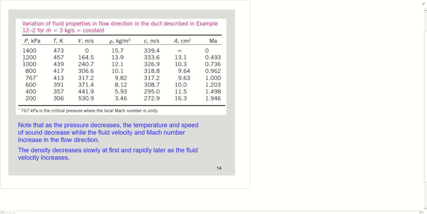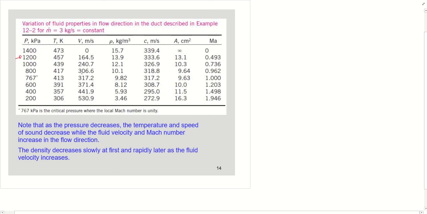And then 1200 kilopascal, which is already calculated: temperature is 457 Kelvin, velocity is 164.5, rho 13.9, speed of sound 3.6 meter per second, area is 13.1, and Mach number is 0.493.